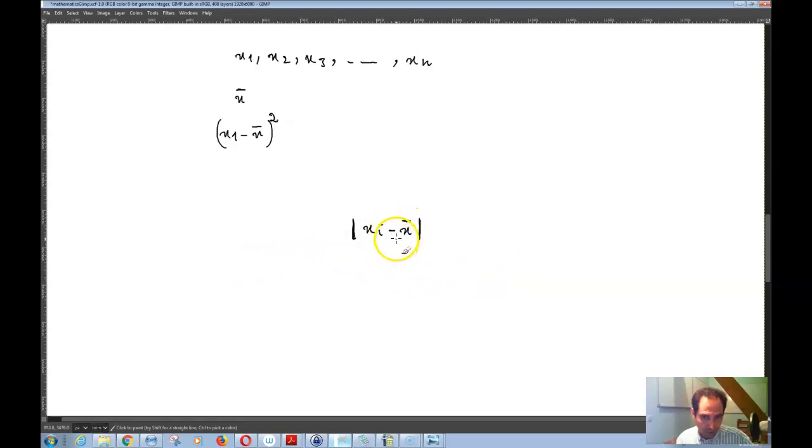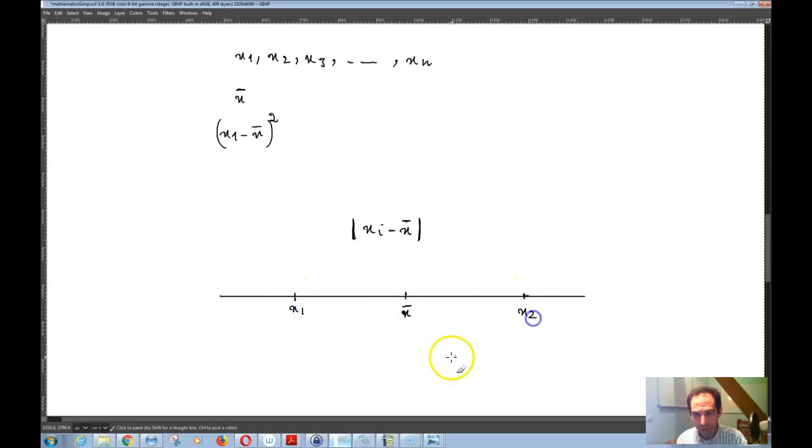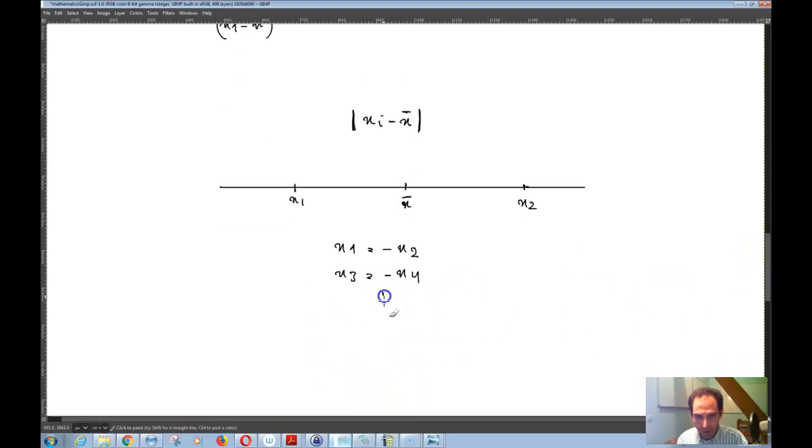For example, let's say this is x bar and this is x1, and this is x2. If x1 is equal to negative x2, then these two will cancel each other out, and then x3 equal to negative x4 will cancel each other out, and so forth.